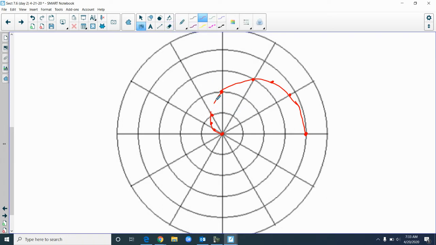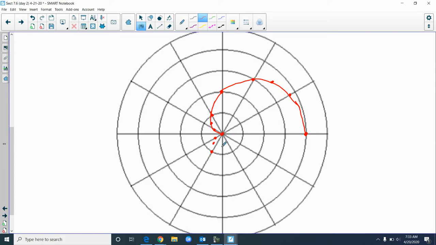for this equation. Now, this starting at 210. Well, 210 goes back to 0.3. 225 is 0.6. 240 is 1.